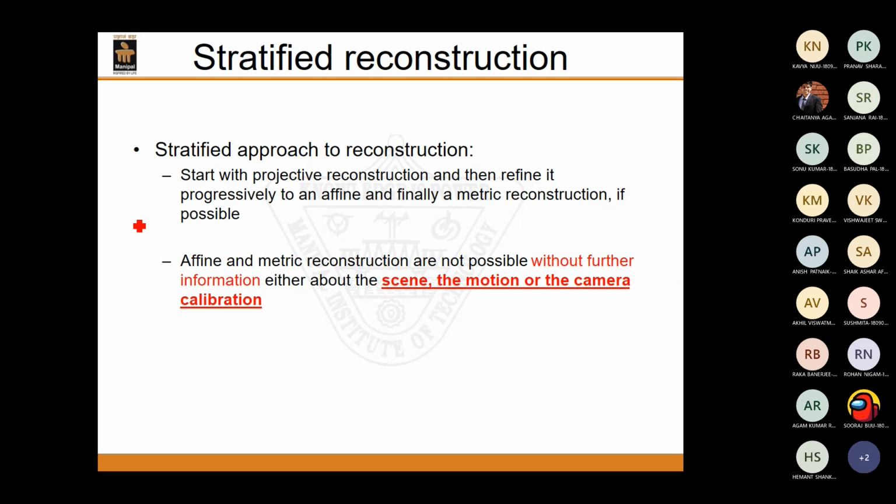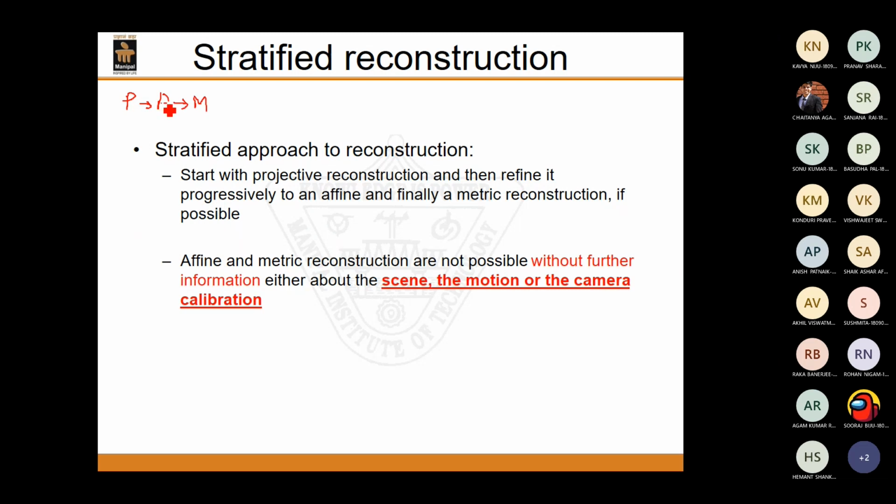There are two ways to approach that. One way is the stratified approach. Stratified approach means first you convert from the projective transformation to the affine transformation, and then from the affine you convert it into the metric or the Euclidean transformation.